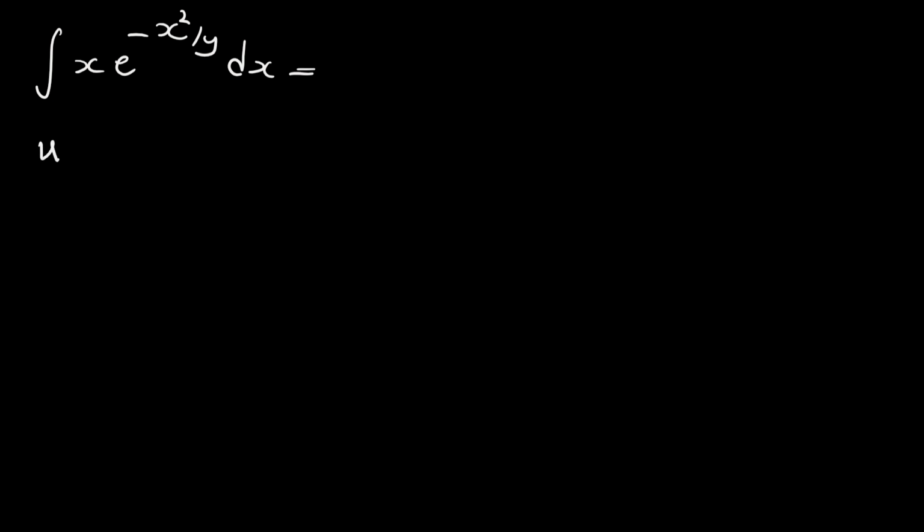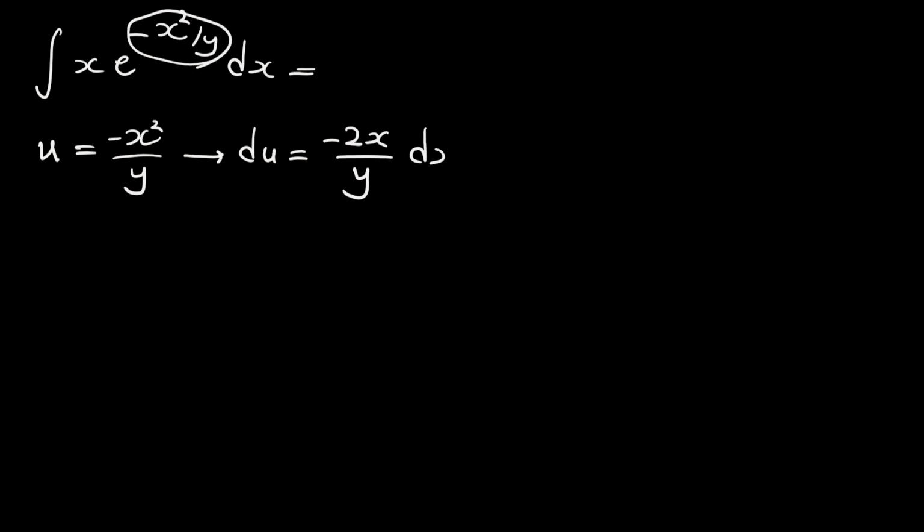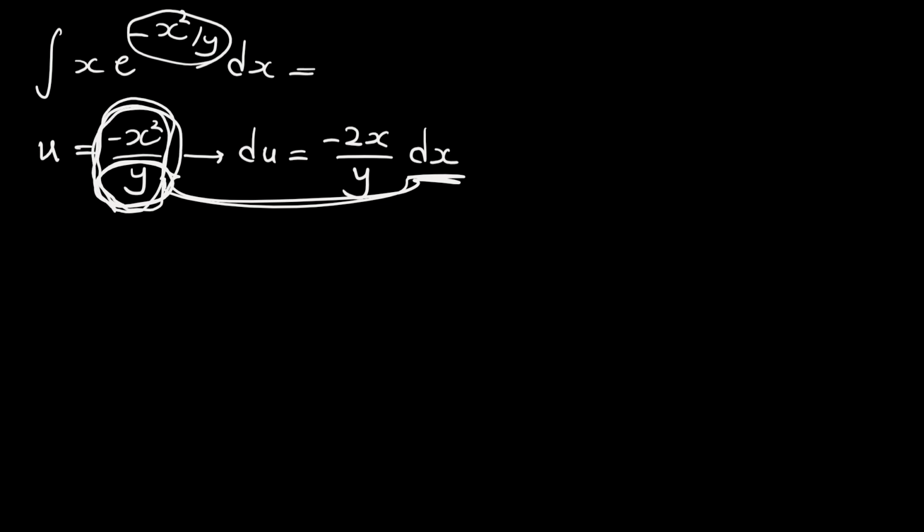For this we use the u substitution method. We suppose this exponent, negative x squared over y, as u. Then du, the derivative of u, is negative 2x over y dx. Attention, we want to take the derivative of this with respect to x, and y is a number. So we don't need to use the quotient rule to find the derivative of this fraction.